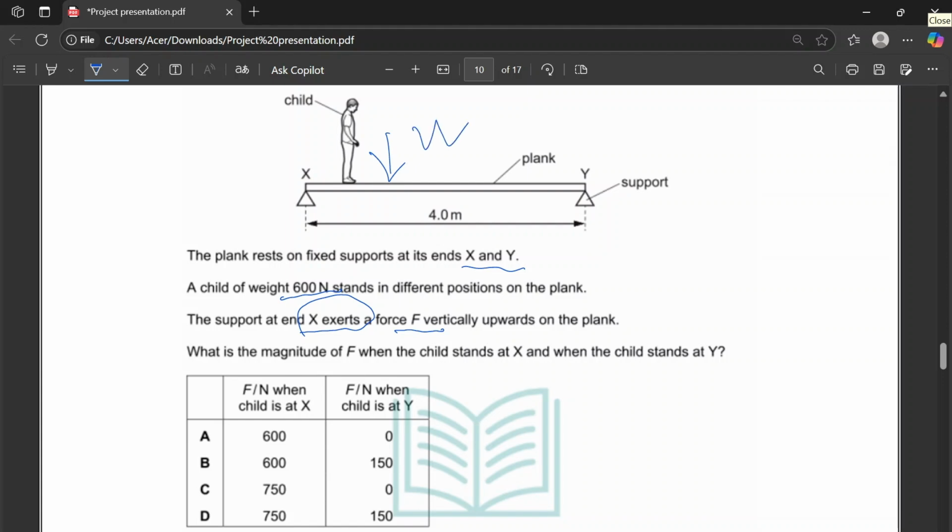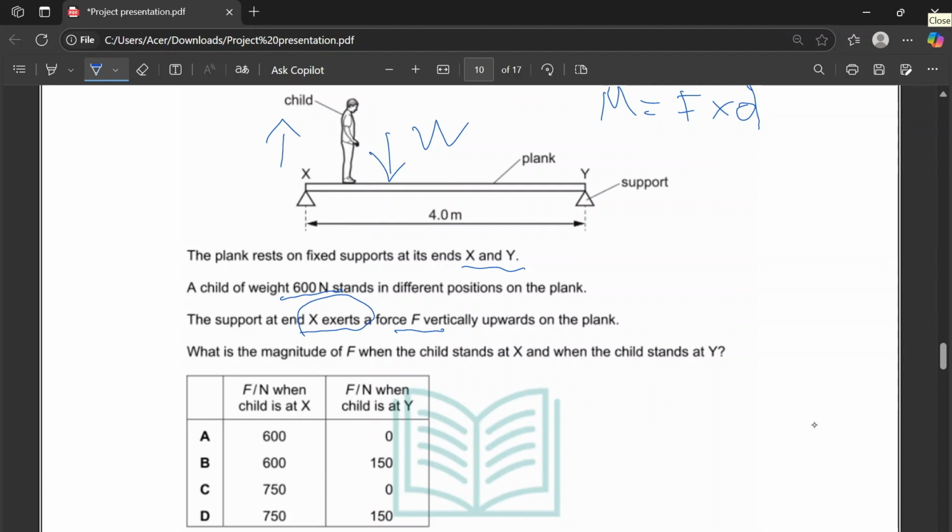So some kind of reaction, the opposite force, should act from the point X. So we need to find that. If we know that, let's write the moment formula. Moment is equal to force times distance. Using just this single formula, we can solve this hard question. So let's see.